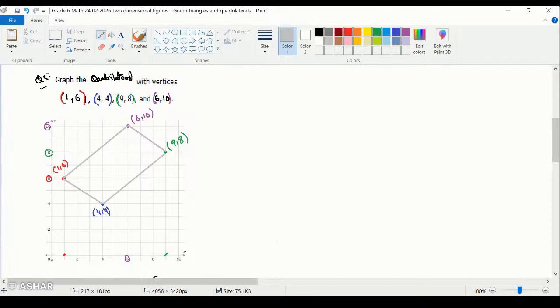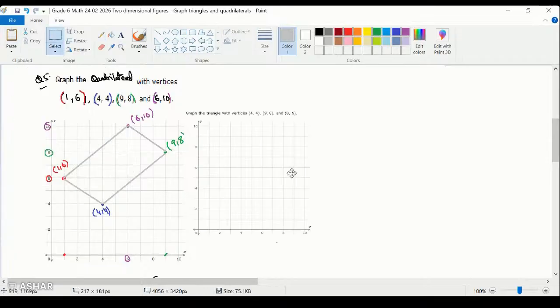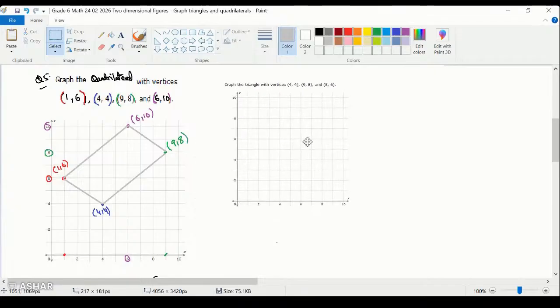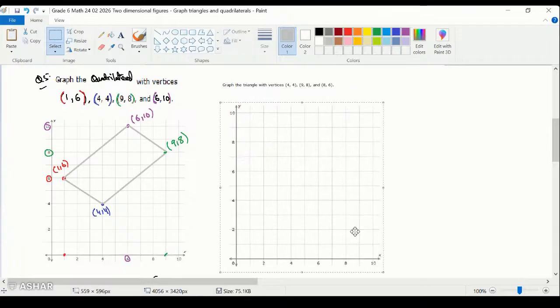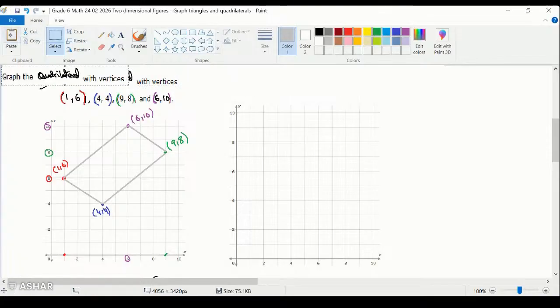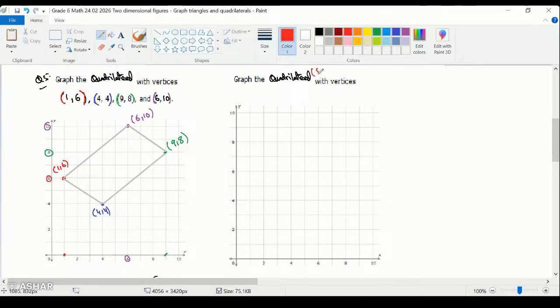Okay, let's say if we have a question and we need to draw, I'll change the coordinates over here. If some information is missing for us, they are missing some information from these certain coordinates. If in question number 6 they are saying graph the quadrilateral, and the quadrilateral given is a square.